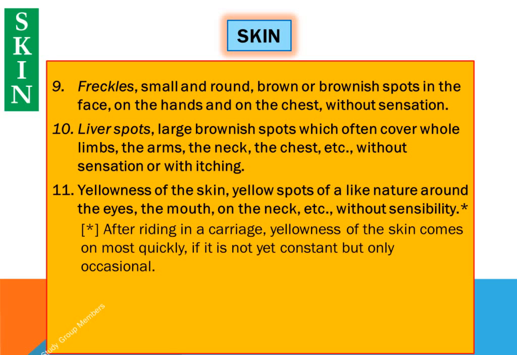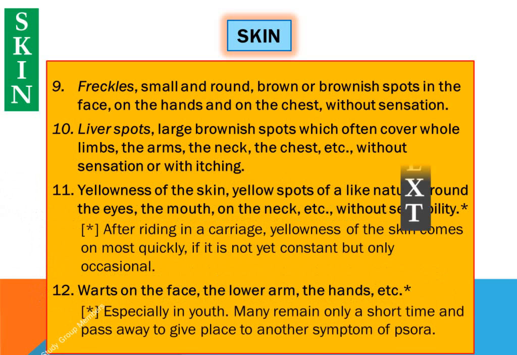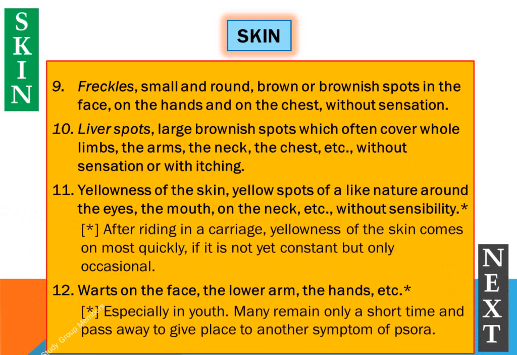If somebody argues that it could be jaundice, 178 years back description is there, then I will keep my opinion reserved for that matter, because this is to be interpreted in our today's knowledge. Then warts on the face, the lower arm, the hands, etc. Many times these warts of the face have been understood as psoric warts.